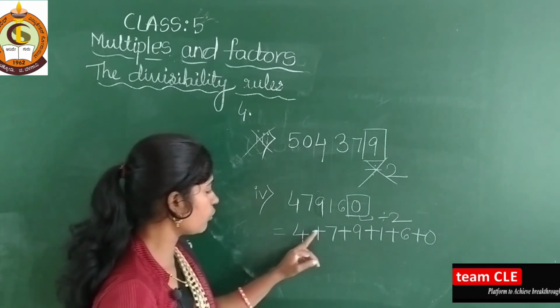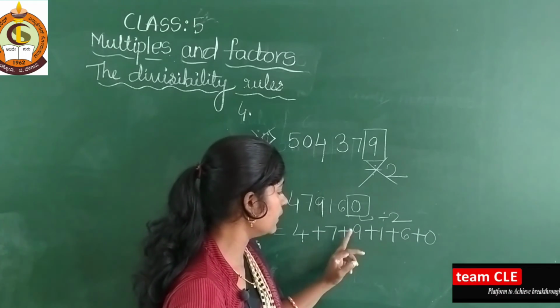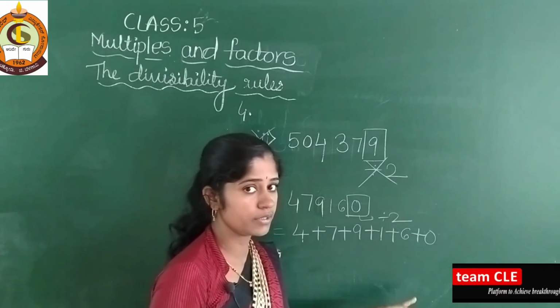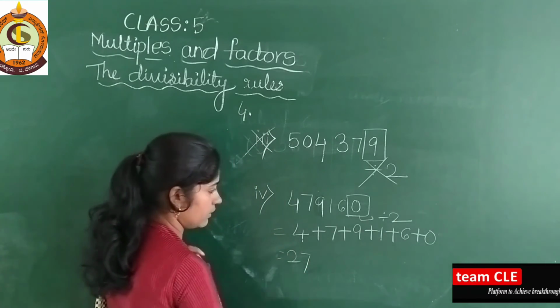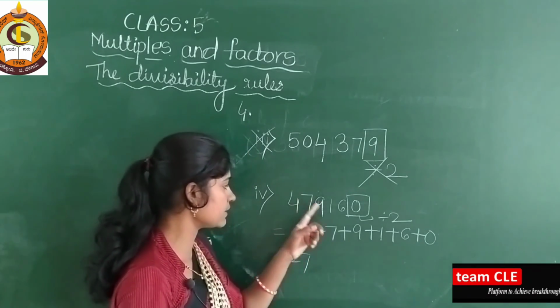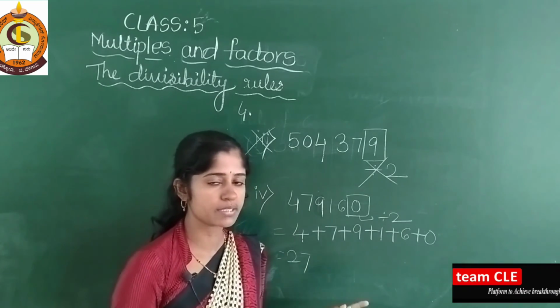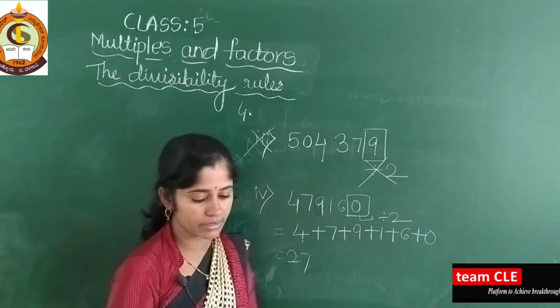Then add: 4 plus 7 is 11, 11 plus 9 is 20, 20 plus 1 is 21, 21 plus 6 is 27, 27 plus 0 is 27. Okay, so 27 is in the 3 times table, so this number is divisible by 2 and also by 3. It means this number is completely divisible by 6. I hope you are getting my point.